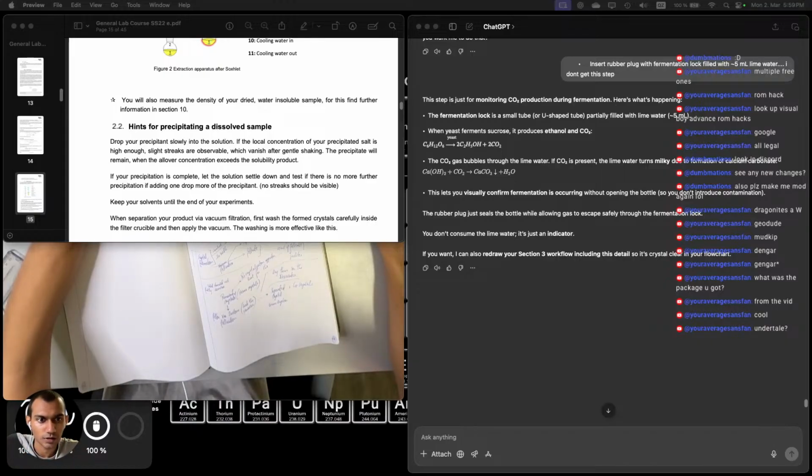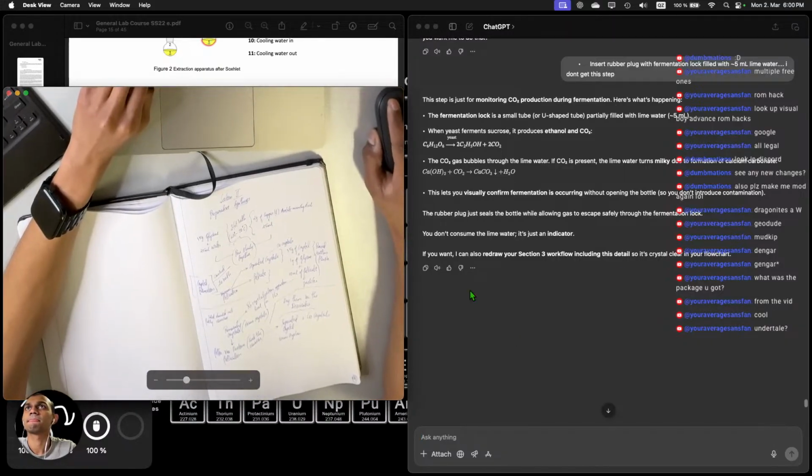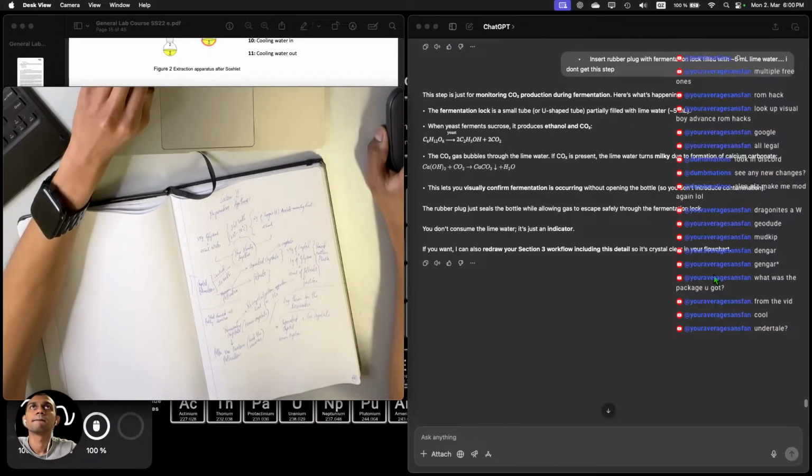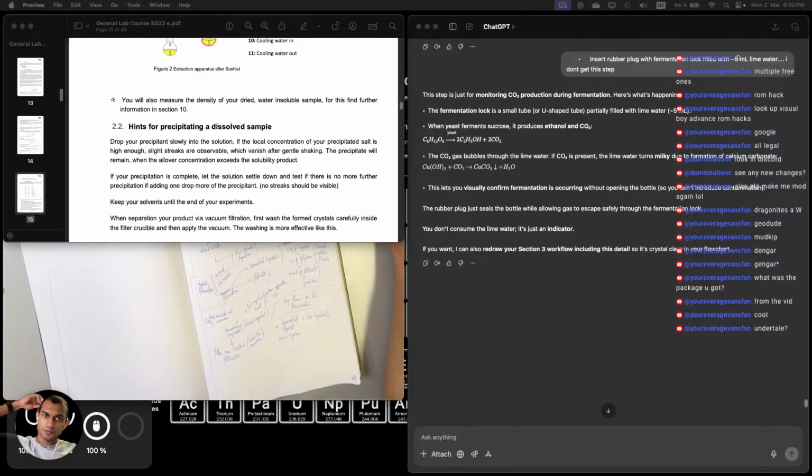Yeah, fermentation lock. Pierced rubber plug and fill in with lime water.